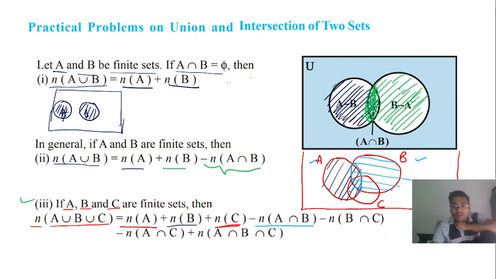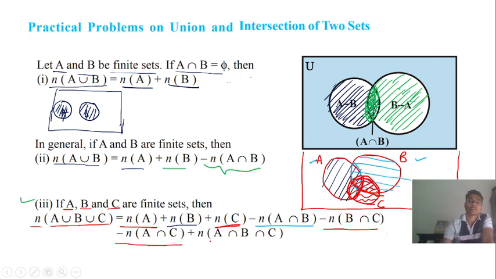So for adding this number, as you can see, when we add the number of elements in C, we actually add this portion and we actually add this portion also. The first portion, which is on the B and C side, is the intersection of B and C, so we subtract the intersection of B and C. The second part of C, which is common to set A and set C, is the intersection of A and C, so we again subtract this A and C part.